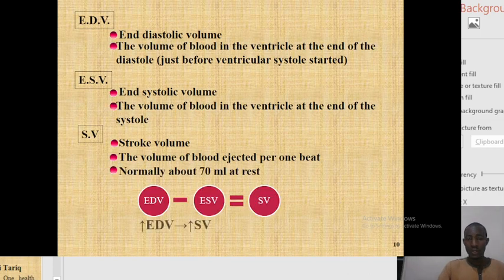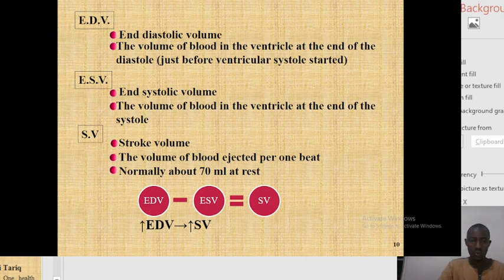What is so important? We have the EDV, ESV, then the SV. EDV means the end diastolic volume, then ESV means the end systolic volume. End diastolic volume means the blood that is in the ventricle at the end of the diastole. Then the ESV means the blood that is in the ventricle at the end of the systole.